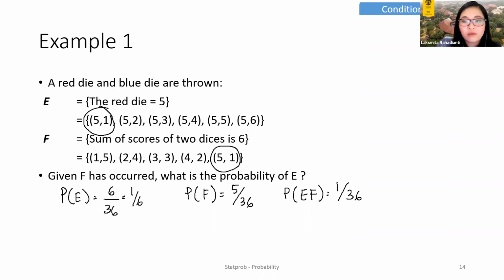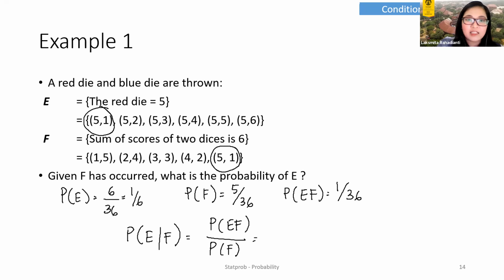So if I were to follow that golden rule of probability, what is the probability of E given that F has occurred? So this is the question: given F has occurred, what is the probability of E? I can follow that golden rule here. We're going to see this very, very often, so please don't forget this little friend over here.